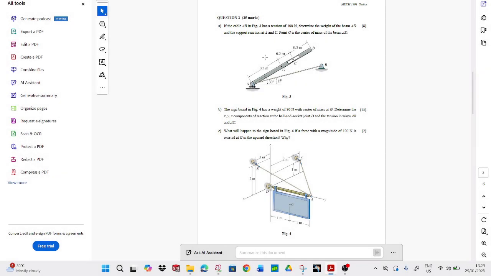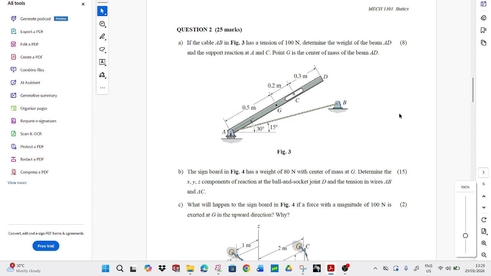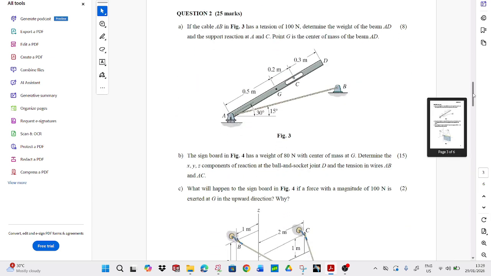Hey guys, Assalamualaikum. So we're back again at question 2 for this exam paper. So let's do A, B and C. Okay, so let's look at question A. If the cable AB in figure 3 has a tension of 100 newtons, determine the weight of the beam AD and the support reaction at A and C. I think C is a slot, right?